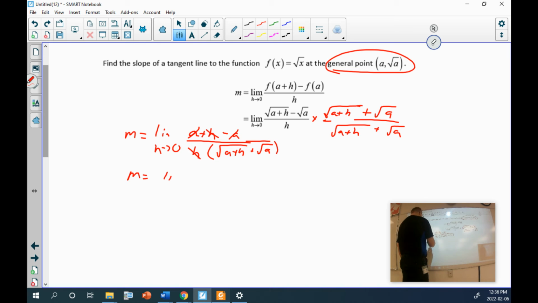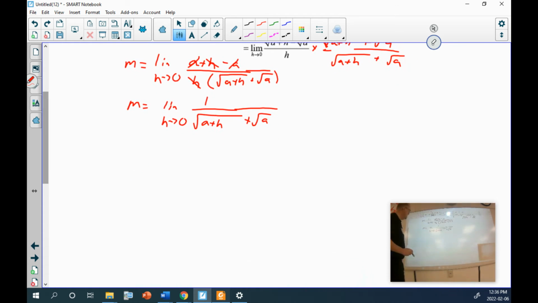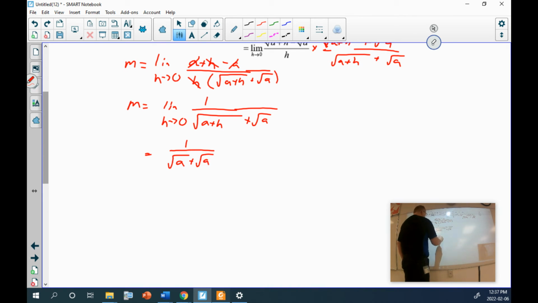m is equal to the limit as h approaches 0 of 1 over the square root of a plus h plus the square root of a. I can now go ahead and evaluate at h equal to 0. So that becomes 1 over square root a plus square root a. This becomes 1 over 2 square root a. And that is the slope.